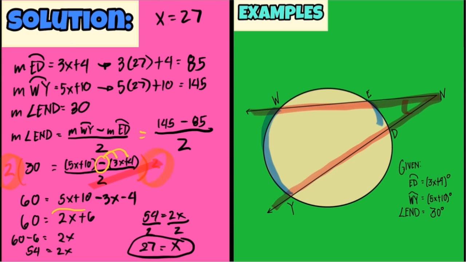That's what we did here. Then, since we're dealing with subtraction, you distribute the negative sign to the binomial, or to whatever is the smaller arc. Then we combine like terms, isolate the variable, find the value of x, then we substitute to get the final values. So that's how it works.